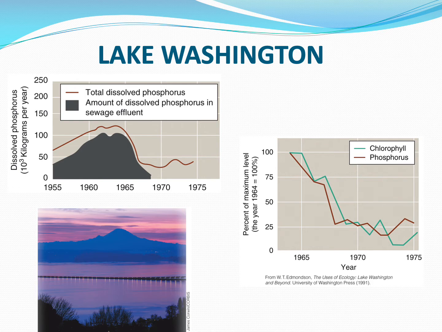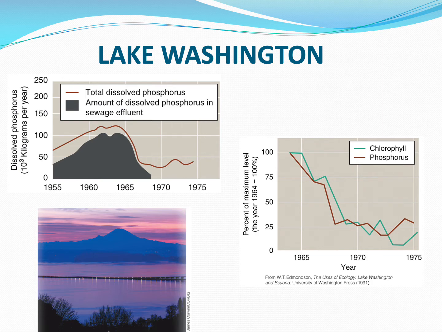They called in environmental scientists, and they began to do some studies to see what was going on, and they noticed a relationship. As we look at the top graph, you see that the gray area is the amount of dissolved phosphorus in the sewage effluent, and the red line is the total dissolved phosphorus.